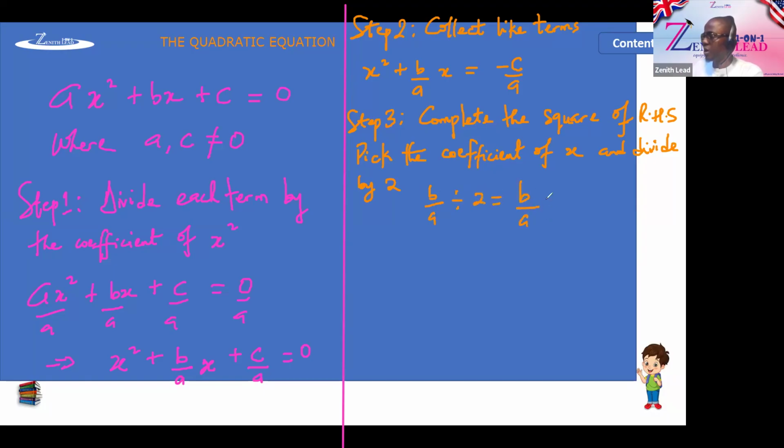That gives us b over a multiplied by 1/2, which is b over 2a. We square the result and add this to both sides of the expression.